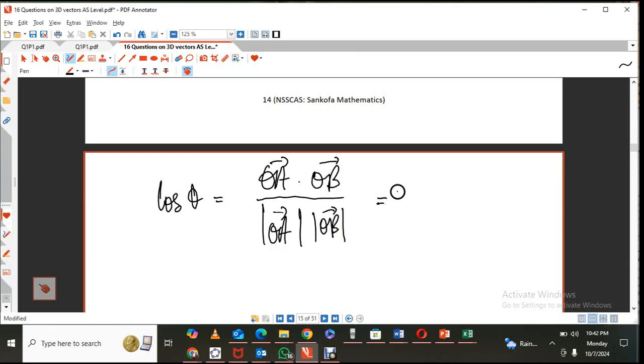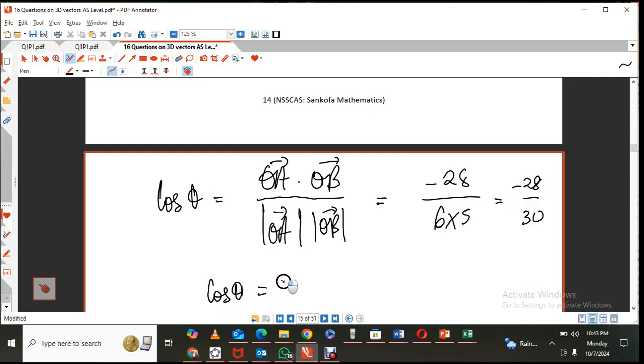So in this particular case, I have -28 over 6 times 5 from our answer before, so that is -28 over 30. Okay, so cos theta is going to be -14 over 15. I just simplified that, that's all.